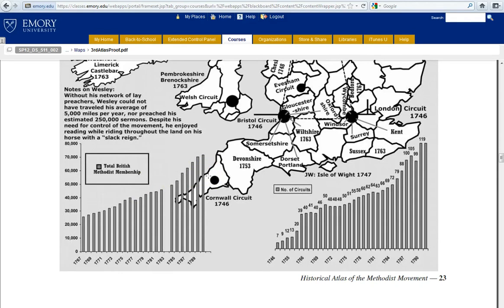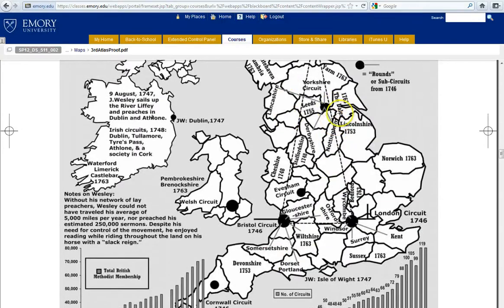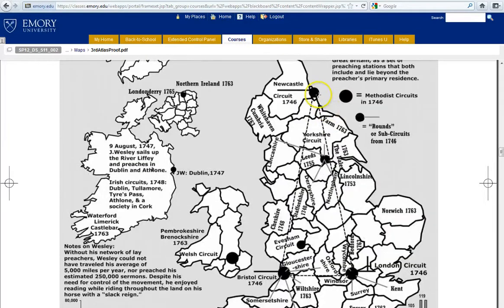It's interesting to note that it was not John Wesley's goal to quickly and rashly extend these circuits throughout Great Britain. You can see from the circuits here in Bristol and London, and even in the Yorkshire area, these tentacles begin to stretch out.